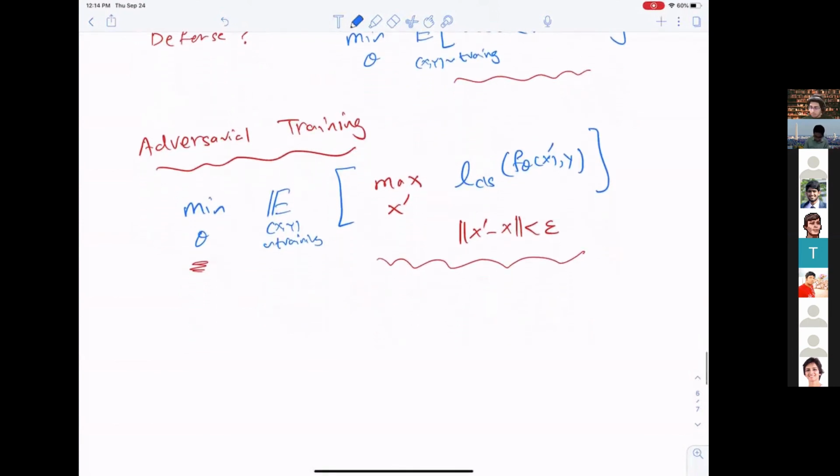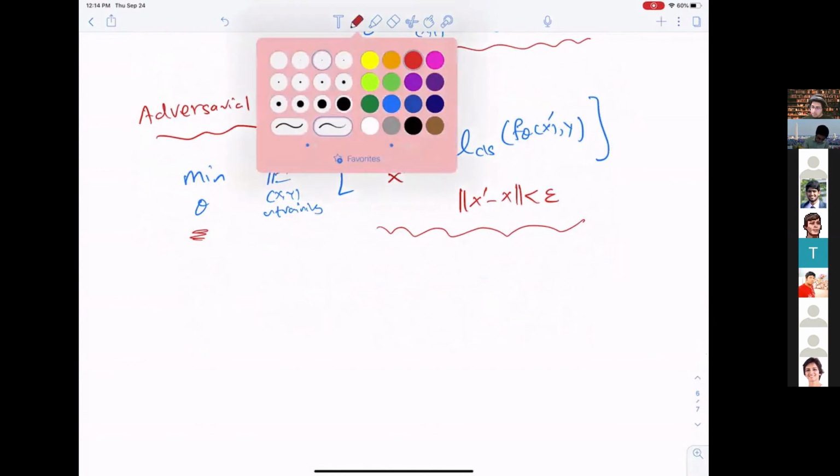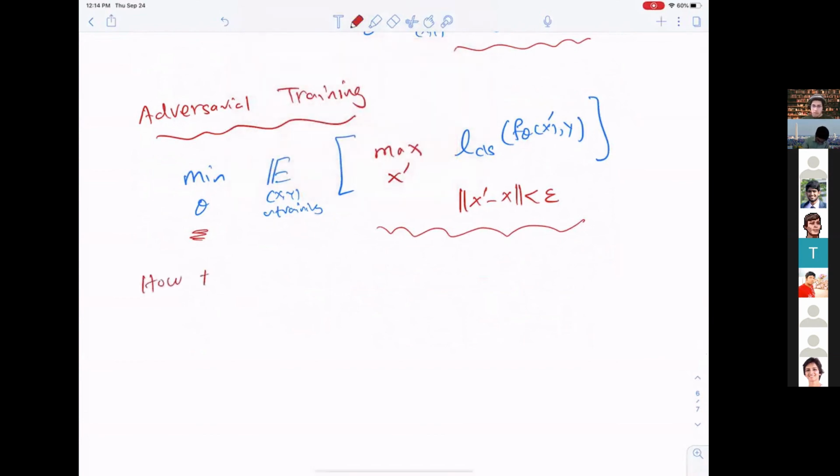All right. So then again, we have this optimization problem, and the question is how to solve it. This is a min-max problem, and we are going to spend one lecture during this course to talk about the complexity of the min-max problem. Here we have a minimization and a maximization. Practically speaking, first we solve the maximization problem, which is basically the attack problem that we discussed.